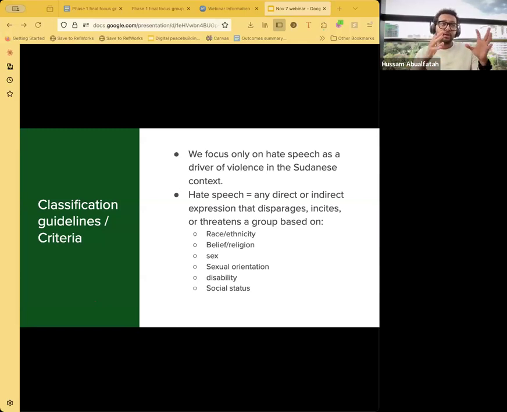Each of these subcategories helps us see not just what's being said, but how it evolves from mockery to exclusion, and finally to incitement.